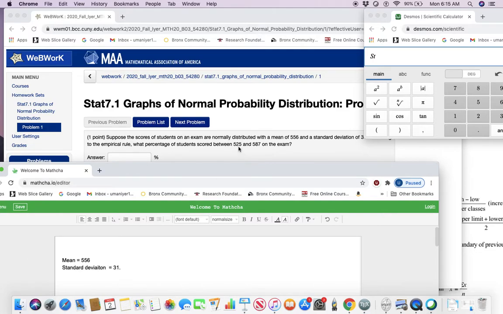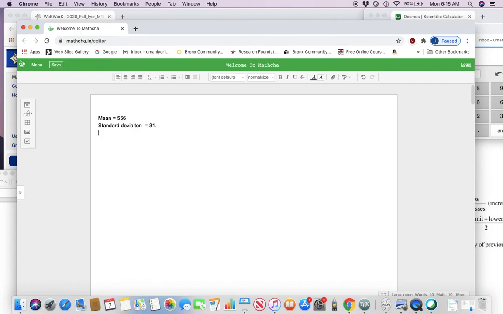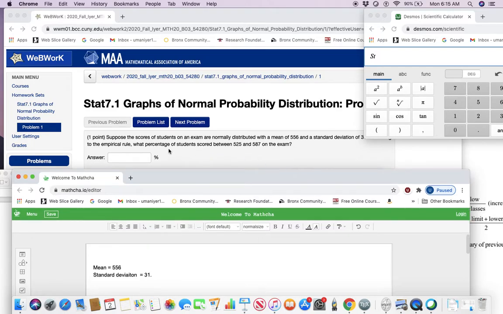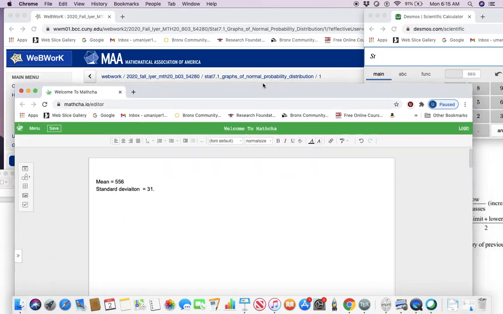Let's state the question: what percentage of students scored between 525 and 587?